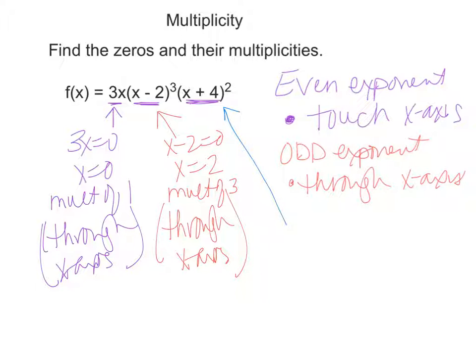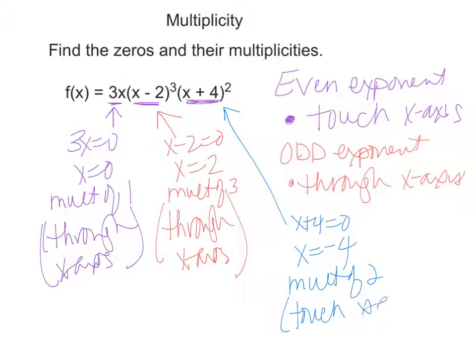I have this x plus 4 equal to 0, so x is negative 4. This is a multiplicity of 2, because that's my exponent. And this one, however, is just going to touch that x-axis. And again, the purpose of touching or going through the x-axis is going to help us whenever we graph polynomials. Not necessarily something your homework's going to ask this time.